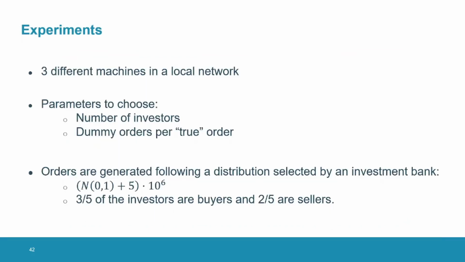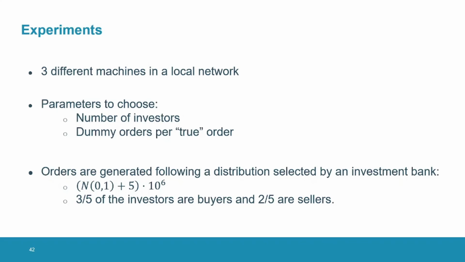In our experiments, we ran MPC using three computational parties, which are three machines in a local network. And we did experiments varying the number of investors and also the number of dummy orders submitted for each true order, or each order with actual volume.